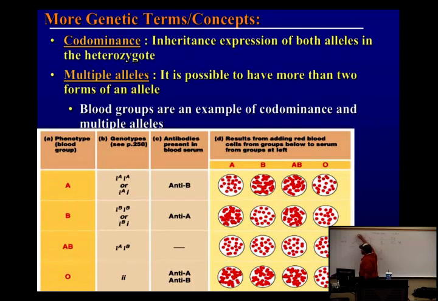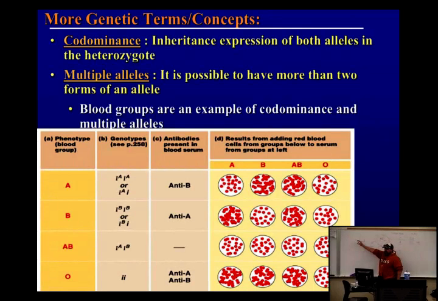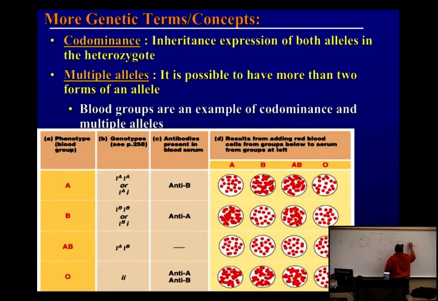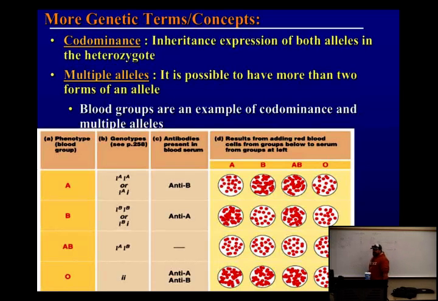But would it matter to the B cell? What would the B cell make then? Anti-A. So is there no anti-O? So this could be BO or BB, and it would still make anti-A. You guys get it?